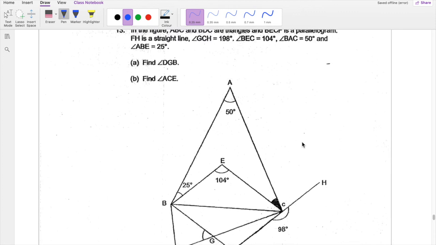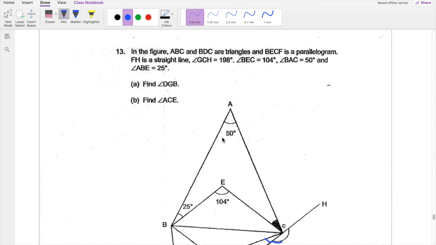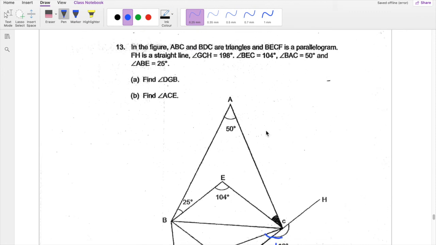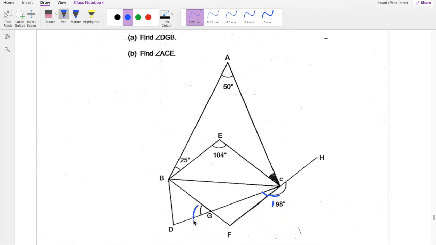And GCH is here with 198. And BEC is 104. And BAC is 50 and 25. We want to find what DGB is. Well, for DGB, this one is A, and the second one is B, right?